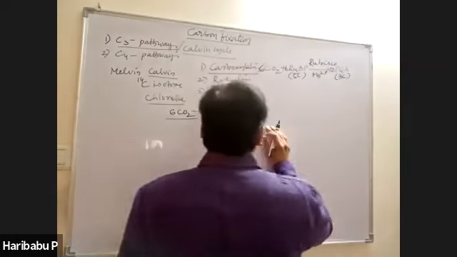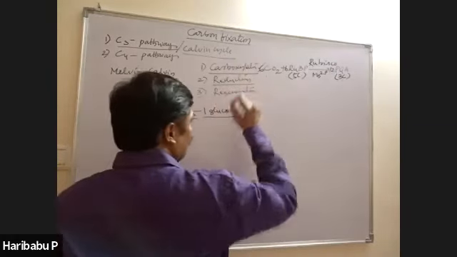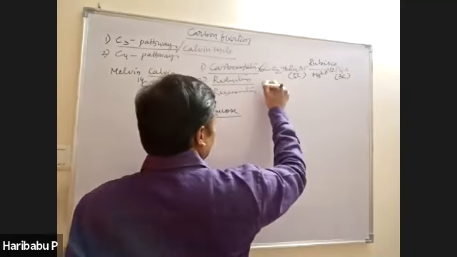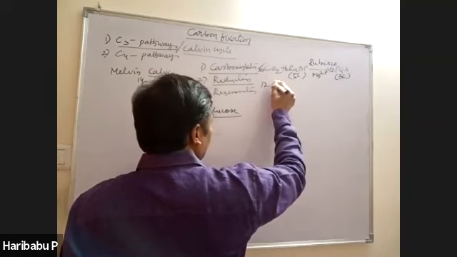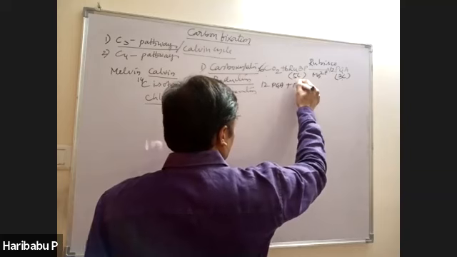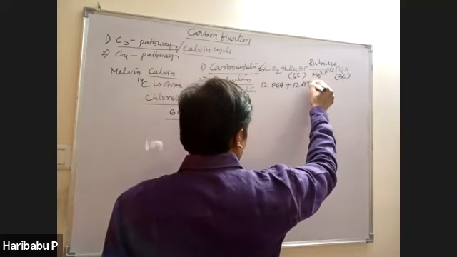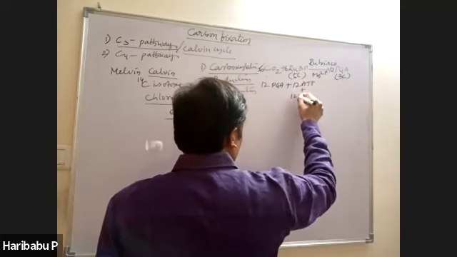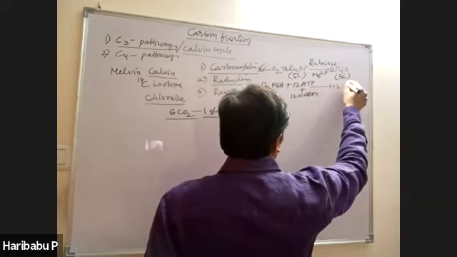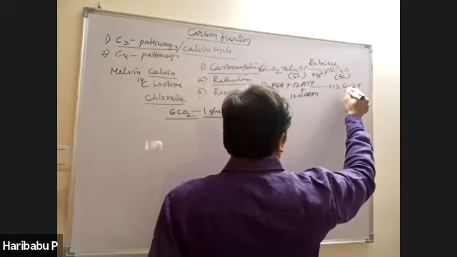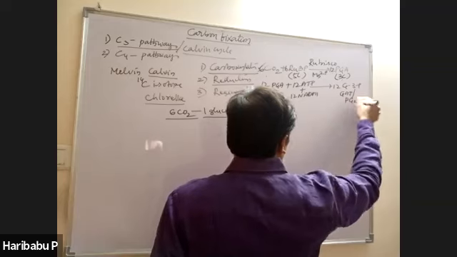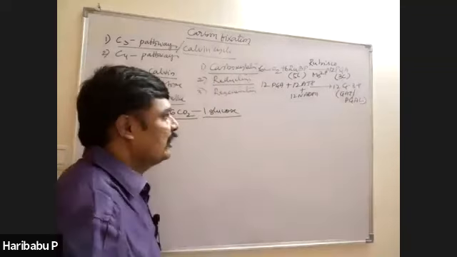Now, the second one is reduction phase. In the reduction phase, 12 molecules of PGA utilize 12 molecules of ATP plus 12 NADPH and form 12 molecules of G3P, also called GAP or PGAL.